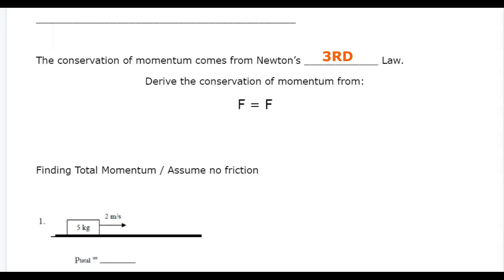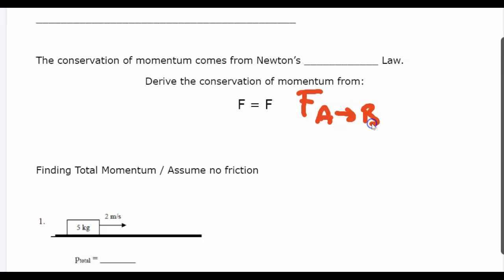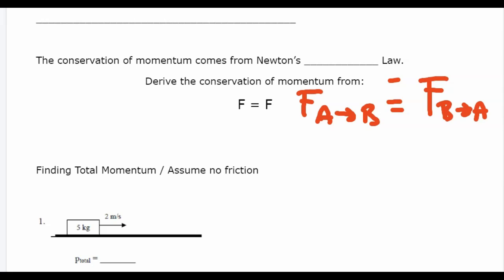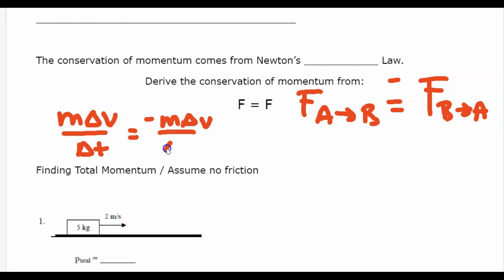What Newton said is that the force that object A exerts on B is the same as the force of B on A. So let's change this to: the force of A on B is equal but opposite to the force of B on A. We know that force is m delta v over delta t, so m delta v over delta t equals negative m delta v over delta t.